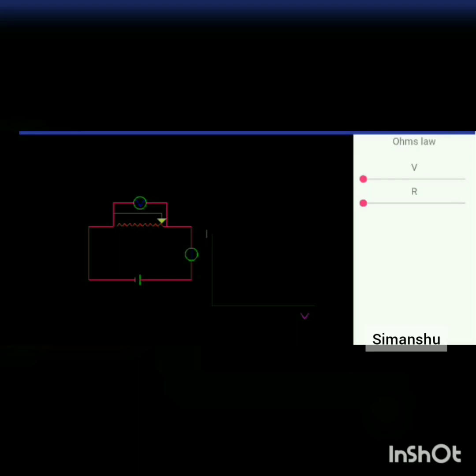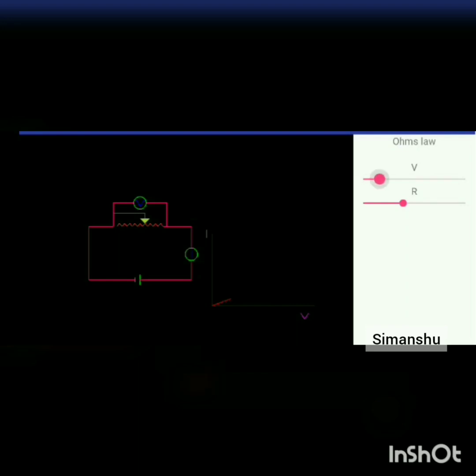So let us fix the resistance first. I adjusted the rheostat at a certain resistance. So now I'm going to increase the voltage. You can see there are two horizontal bars on the right side of the screen. From there I am increasing the voltage.